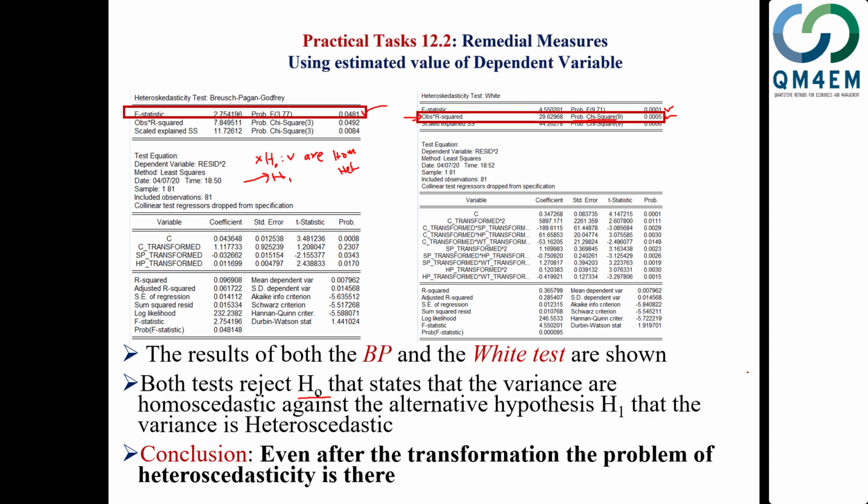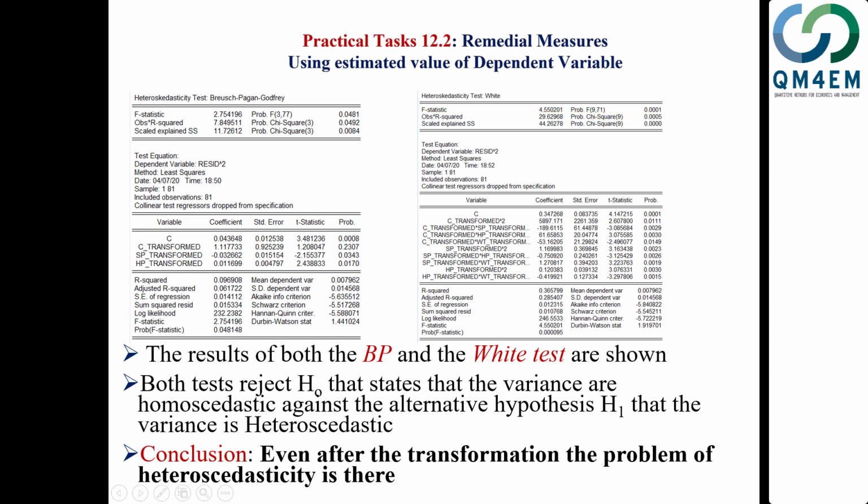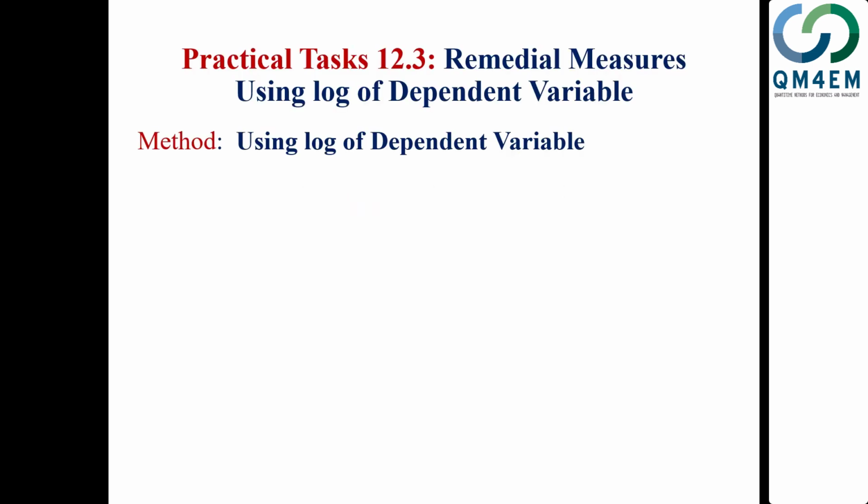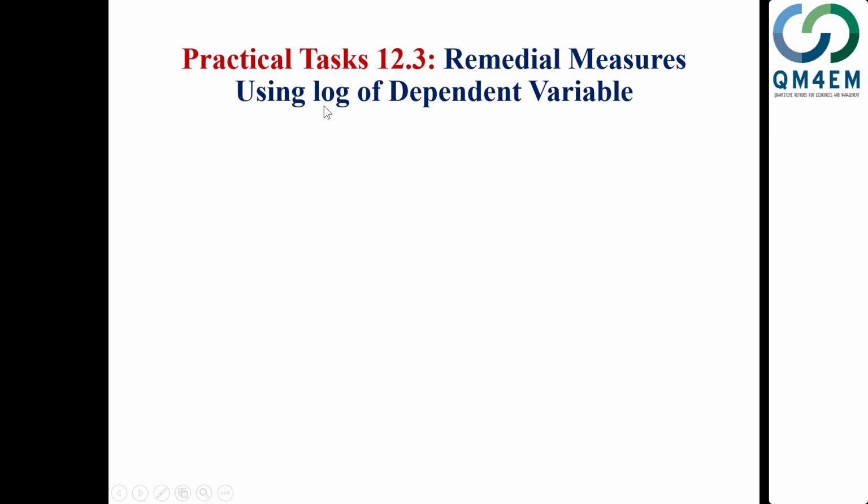So let's move further and apply one of the other methods. I will call it practical task number 12.3. So now we try another method. This time we apply the remedial measure using the log of the dependent variable. Instead of using the forecasted value of the dependent variable, we use the log of the dependent variable.